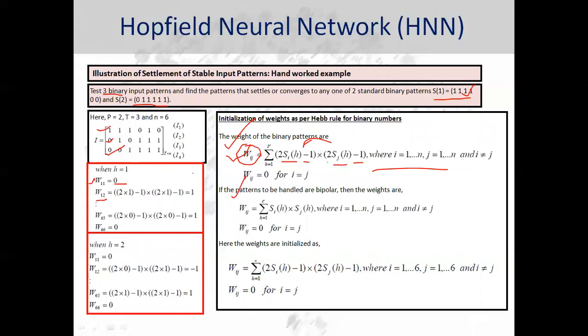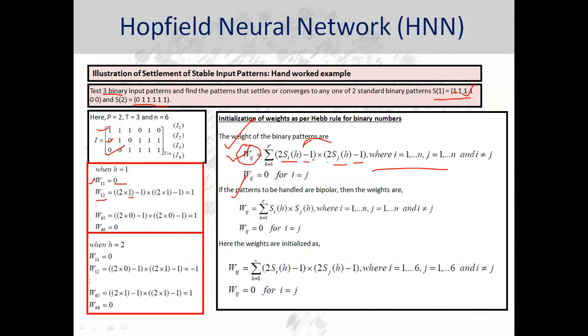So W12 will be equal to 2 multiplied by S(i) minus 1. It means i is 1, so this is pattern number 1. This is 1. That's why 2 multiplied by 1, minus 1, becomes 1.